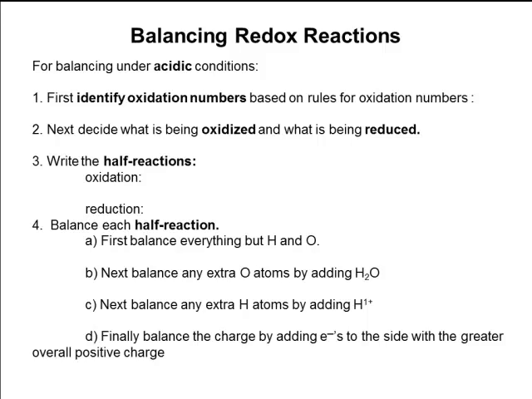Next step then, if we have any extra oxygens we need to balance, we do that by adding water. Once we've added the water, if we have any extra hydrogen atoms we need to balance, we do that by adding H+ ions. Last thing we need to do with these half reactions, we need to balance the charge by adding electrons to the side with a greater overall positive charge. We need the charge on both sides of the equation to be equal to each other.